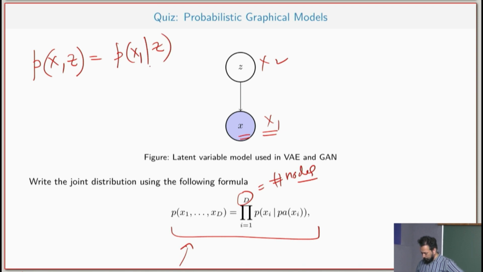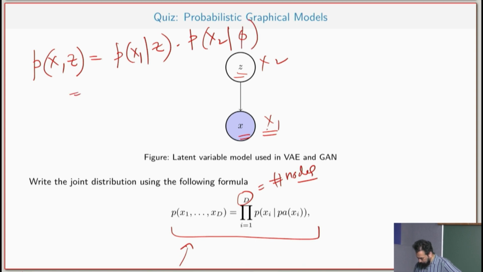And then I go to i equals 2. So i equals 2 will be x2, given parent of x2. I will fill in the x2 later on, because we know what x2 is. So p of x2 given parent of x2, but parent of x2 is what? Null, because x2 is z, and z does not have any parent, so this is phi.